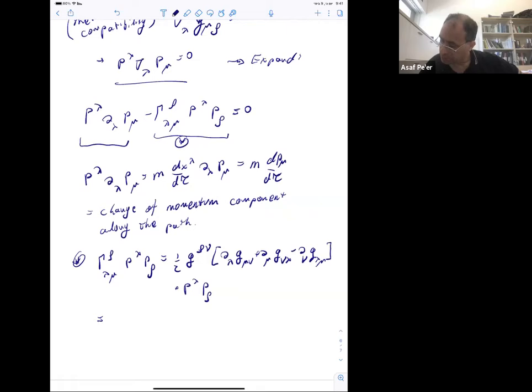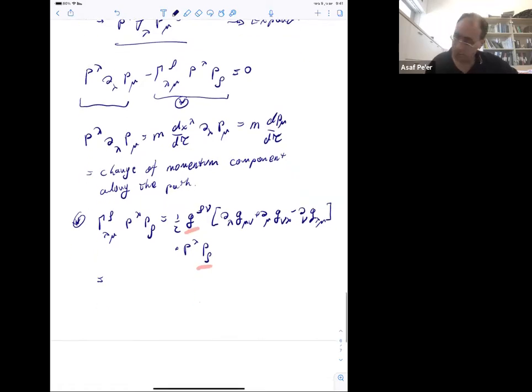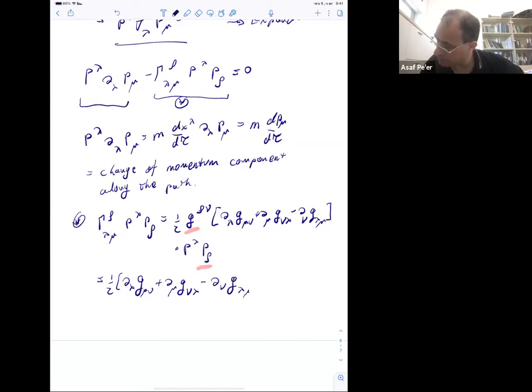So we can use the g to raise the index of the p rho. So this is 1/2 times d lambda g sigma mu plus d mu g sigma lambda minus d sigma g lambda mu, times p lambda p sigma.